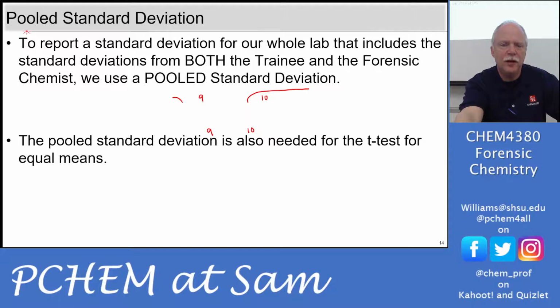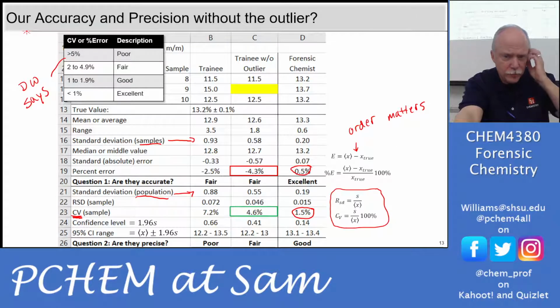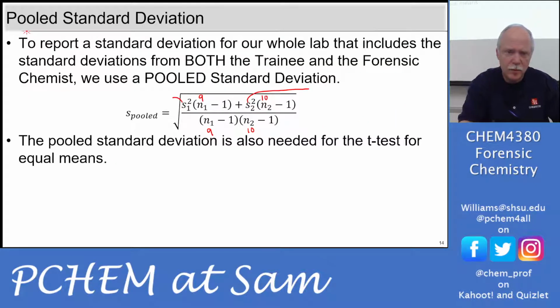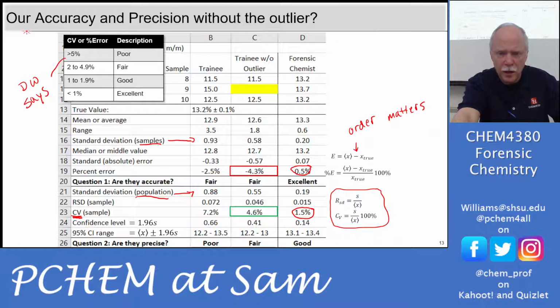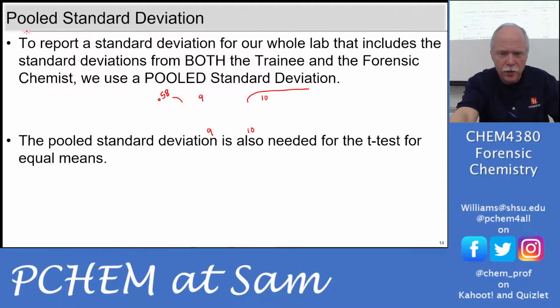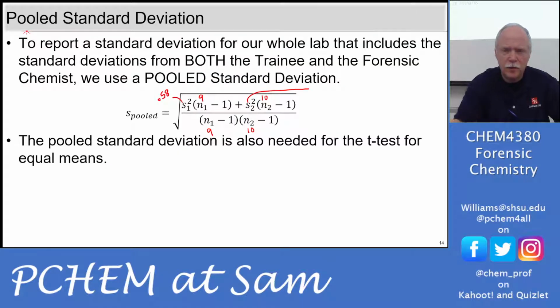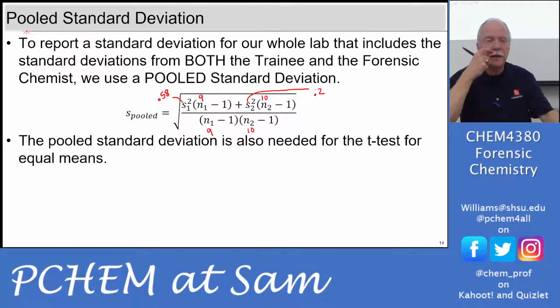So the S1 is 0.58. And 0.58 and 0.2. So we could calculate those.